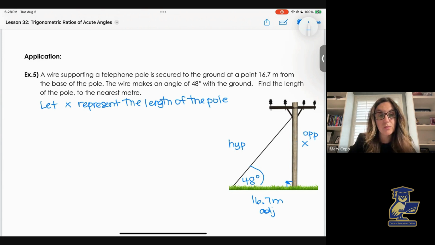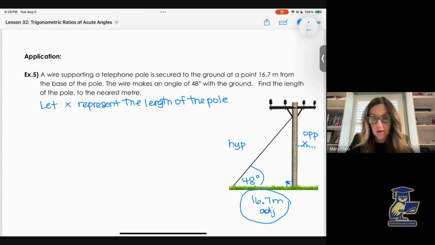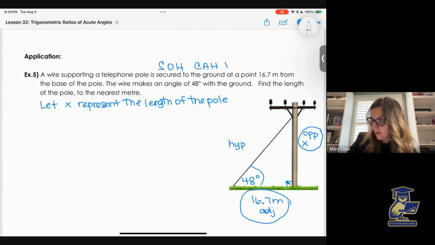From there, we have to decide which ratio to use. We are given the adjacent side, okay, and require the opposite side. So we would write out SOHCAHTOA to remind ourselves our options. And now, which ratio compares the opposite side to the adjacent side? So the opposite over adjacent would be tan, because that's the only ratio that compares those two sides.